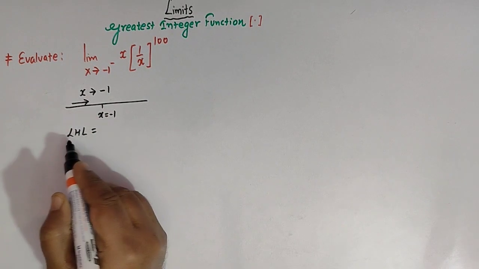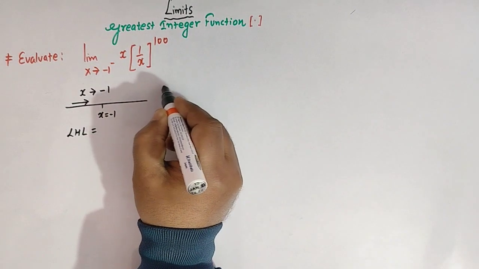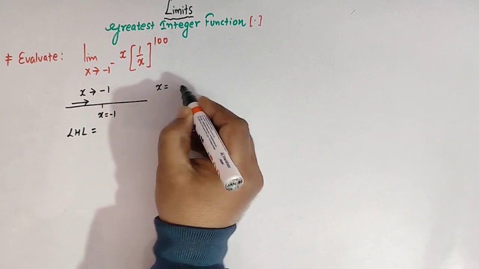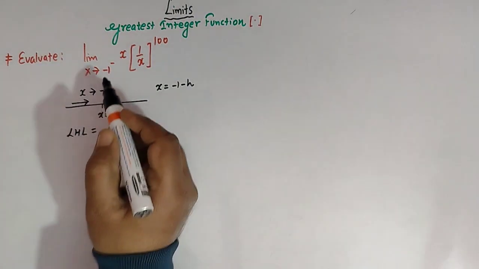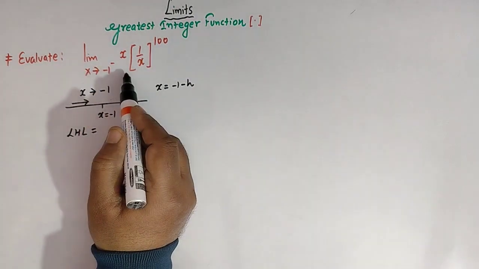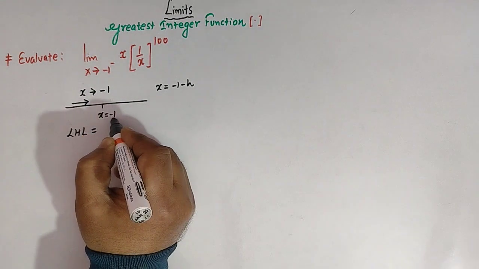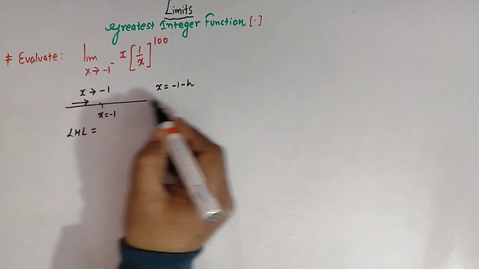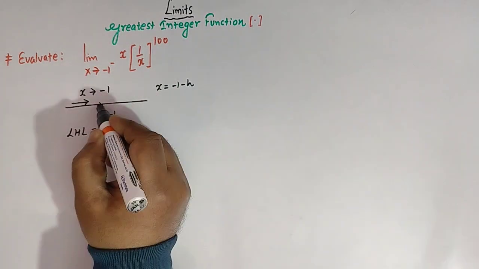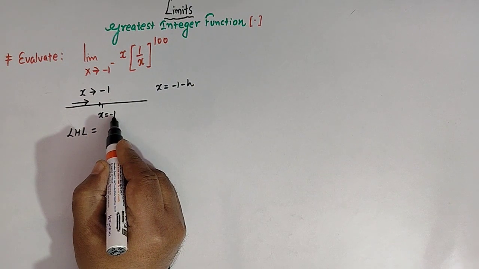So we'll write LHL, and we'll take x equal to minus 1 minus h. We have to find the left hand limit, so we are very close to x equal to minus 1, but the point minus 1 minus h lies towards the left of x equal to minus 1.